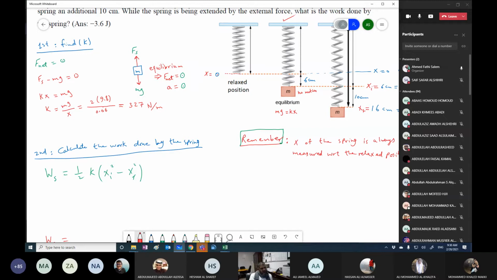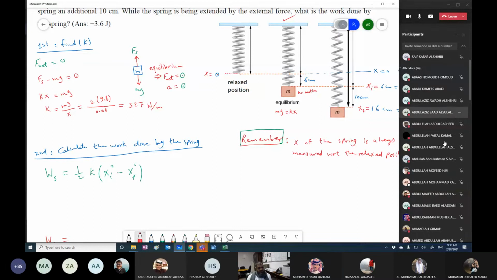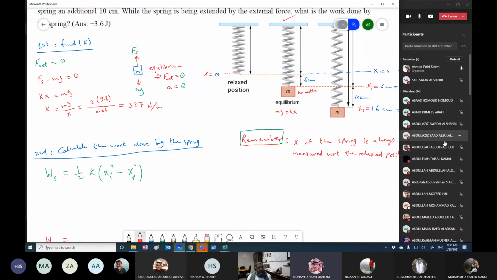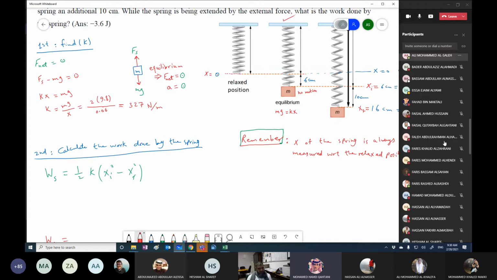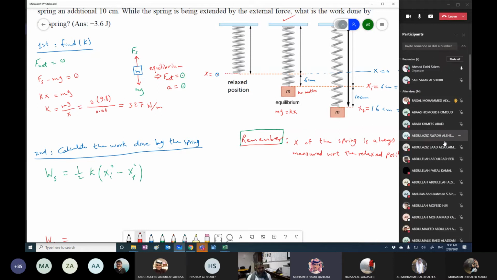تتوقع الwork done by the spring in this case positive ولا negative؟ تتوقع كده في الآخر. نيجاتيف. ليش قلت نيجاتيف؟ Yeah, I think because the X final is greater than X initial. انت كده بتجاوب رياضيا بالرياضيات لكن فيزيائيا بالحس الفيزيائي.